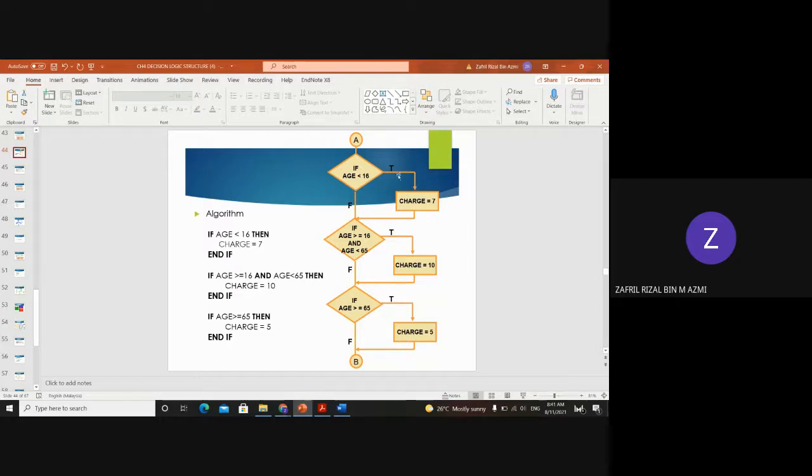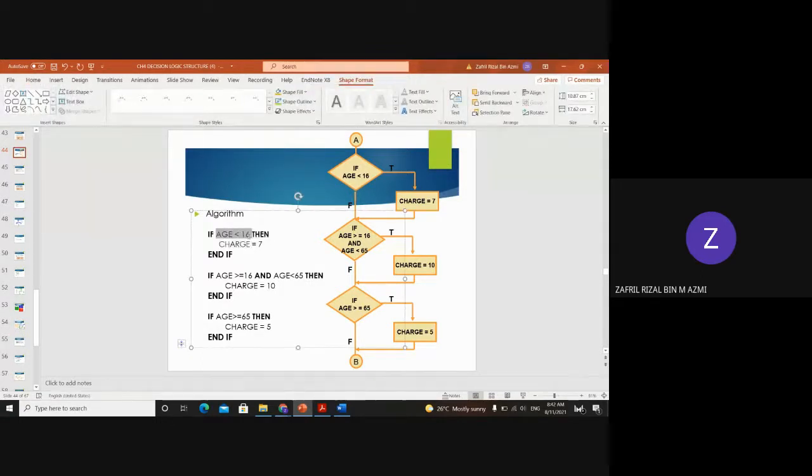Okay, the same thing, right? What I already showed. Alright. In terms of algorithm, it is also slightly different. You see, it is very independent with each other. Although it is in the same set of decisions, for each of the conditions, you need to put an if.